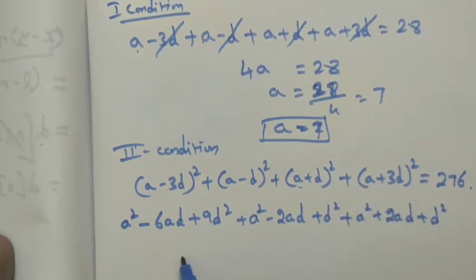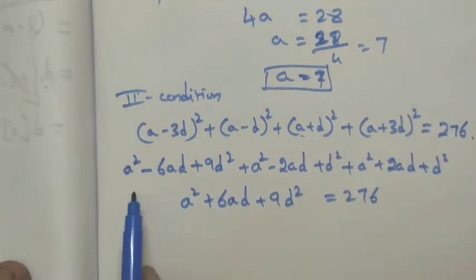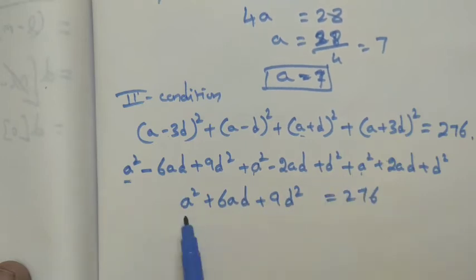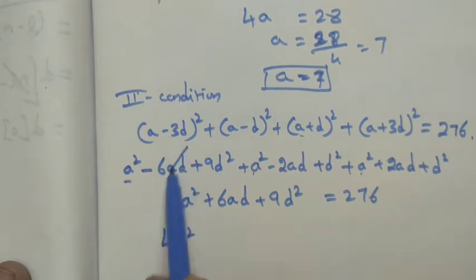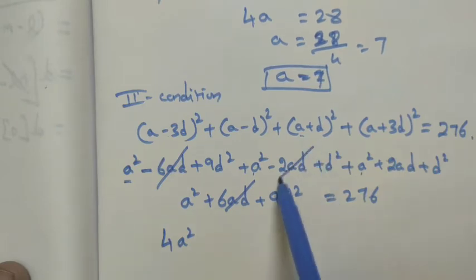Here we get a square plus 6ad plus 9d square equal to 276. That is given, right? Now how many a square are there? 1, 2, 3 and then 4. So 4a square. Here minus 6ad and plus 6ad will be cancelled. Here 2ad will be cancelled.